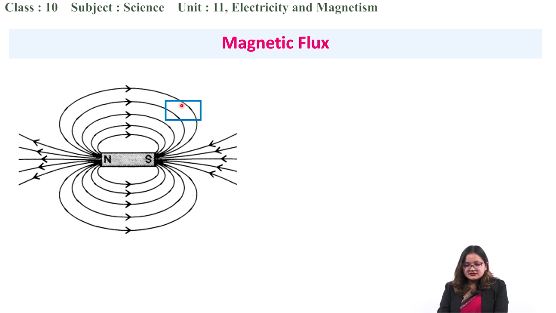Let's say the same object is placed at another spot. See, here the magnetic field is quite strong. How do you know that? You can see the magnetic field lines are many in number compared to the previous part. So here you can see the magnetic flux is also quite high because the number of magnetic field lines which have entered this area is more.